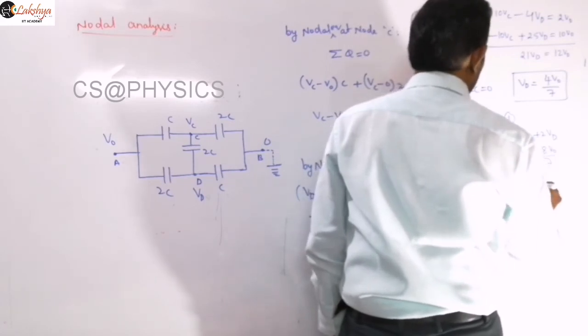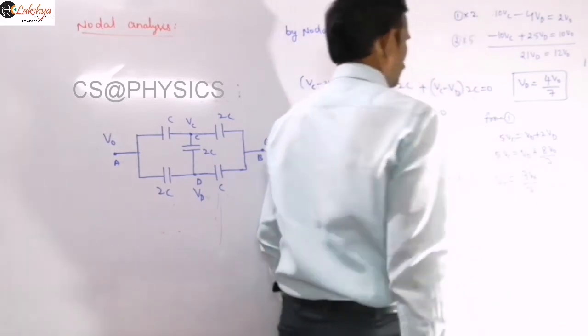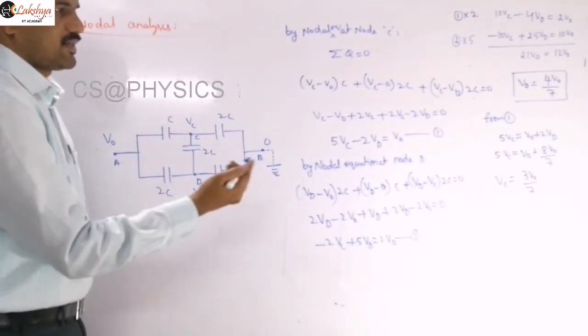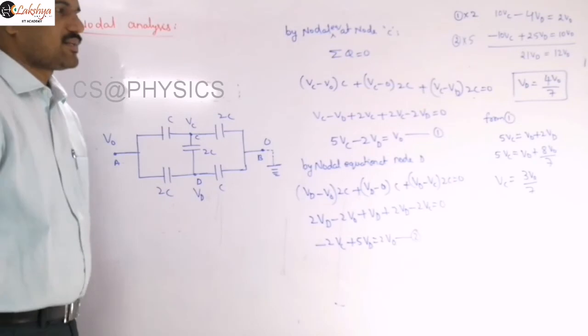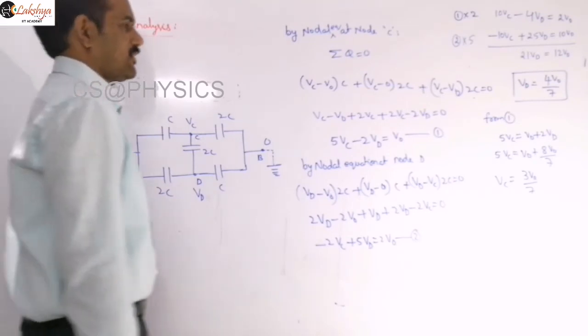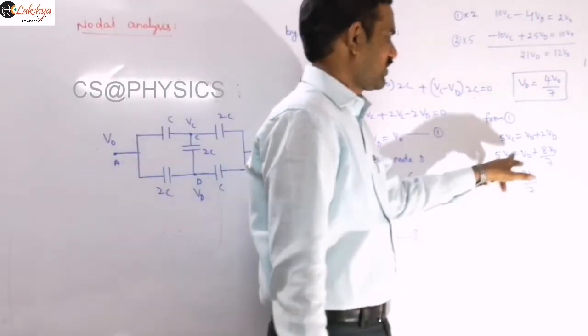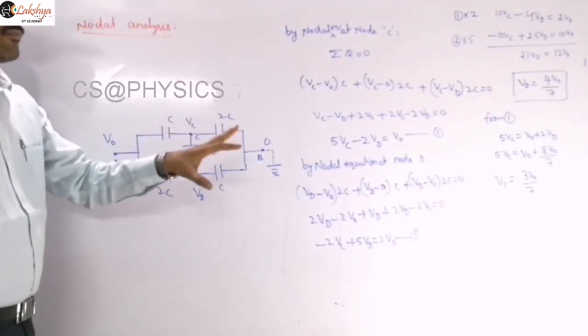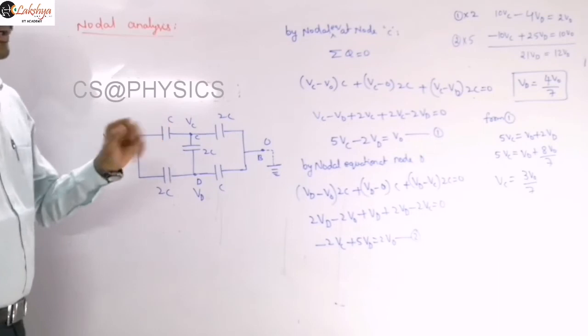So I can write this as 3 V0 by 7. Is it clear? That means 7 plus 8 if you are taking that LCM, which is 15. So 15 and this 5, 3 times will be cancelled. So you will get like that. So now those are the V0, VD and VC values.